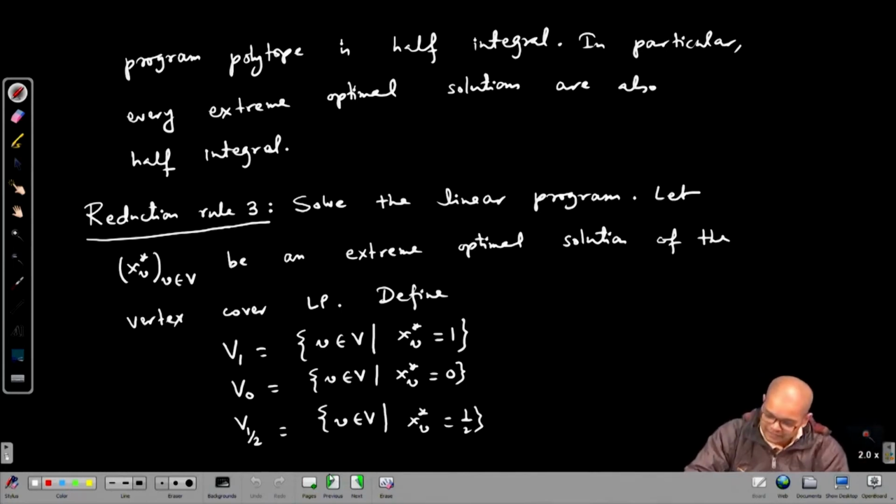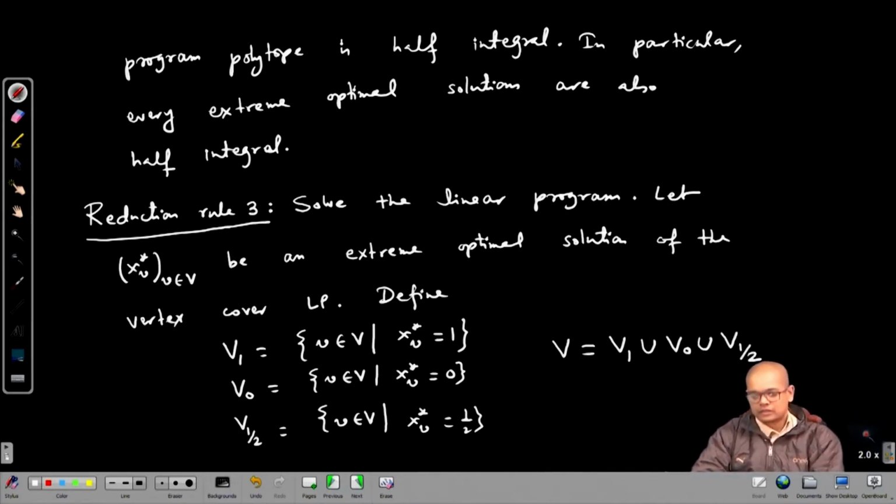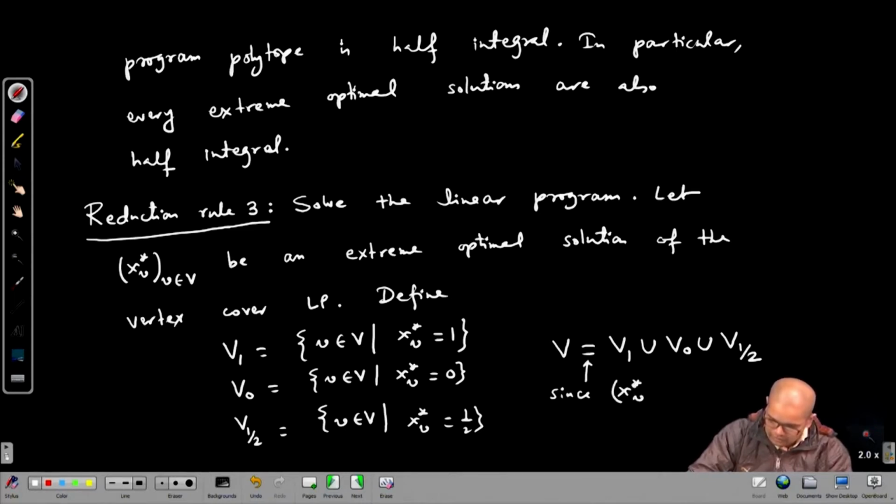So this part is clear that V is the union of V1, V0 and V half, since x star v, v in V is half integral.